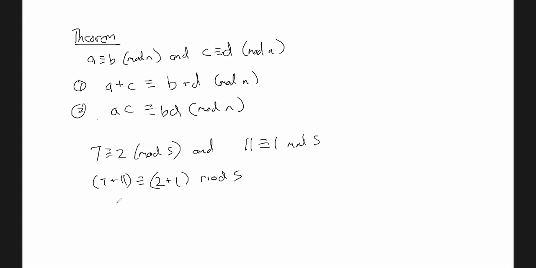So they're saying that 18 should be equivalent to 3 mod 5. And that should be true because 3 mod 5 is just 3. What's the expansion here? 3 equals 0 times 5 plus 3. So notice anything less than your modulus, when modded, is just going to be that value. And 18 is 5 times 3 plus 3.